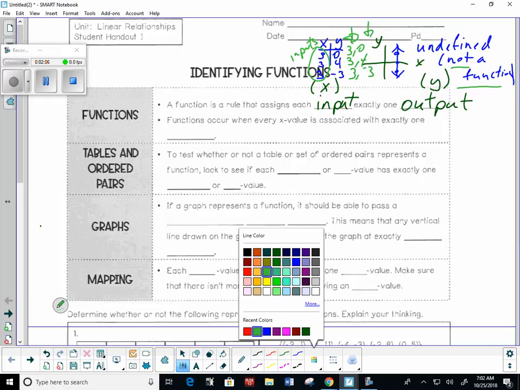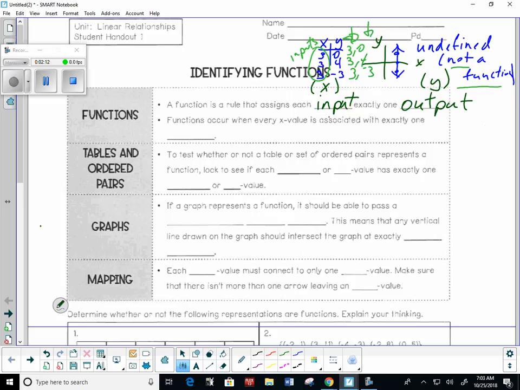Okay, so going back to our notes then. A function is a rule that assigns exactly one input with exactly one output. Functions occur when every x value is associated with exactly one y value.